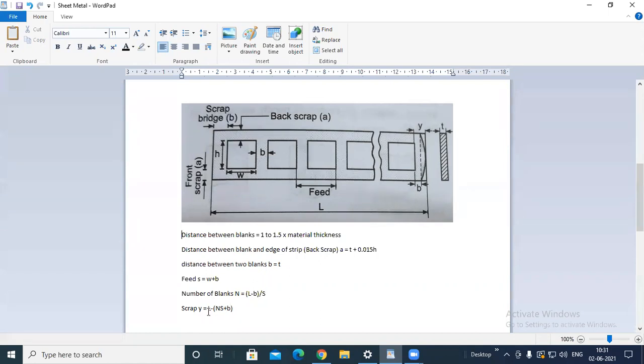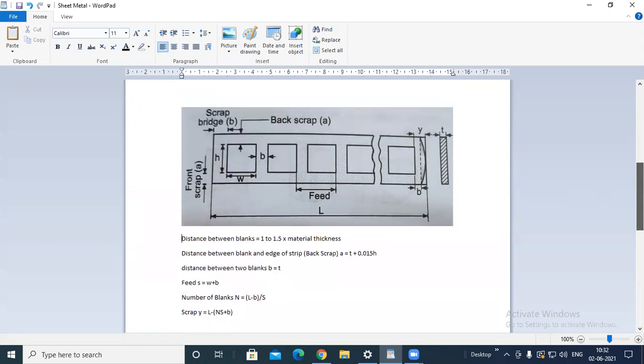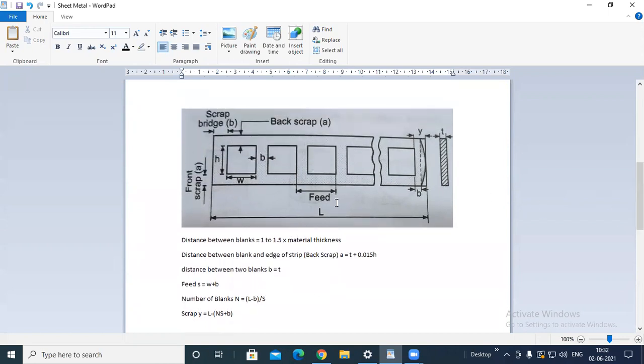So the formula is L, that is the total length of the strip, minus N, the number of blanks, into S, the feed, plus B. Okay, so this is the formula. These are the standard thumb rules to design the strip layout. Okay, so this is what the strip layout design is.